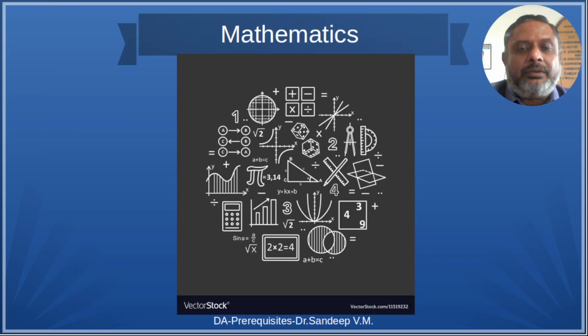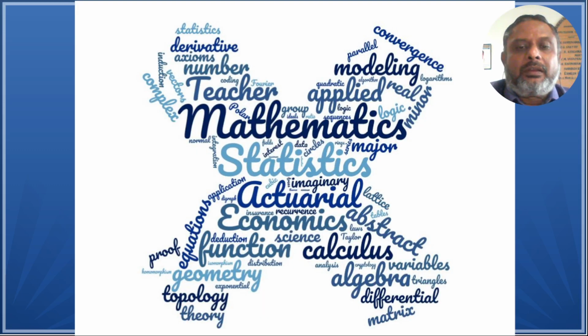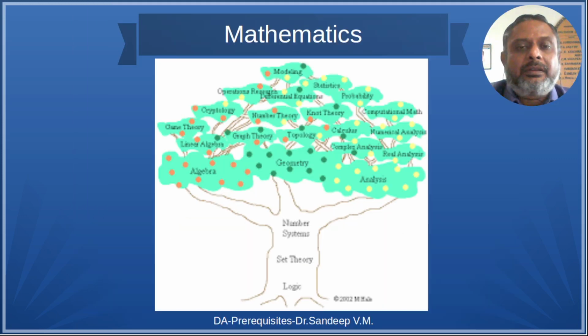Mathematics, of course, is the backbone of every high level activity, so it's essential. There are so many components of mathematics. We can look at the whole of mathematics as a tree.